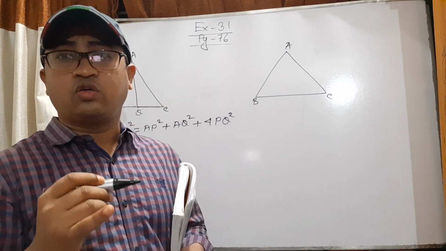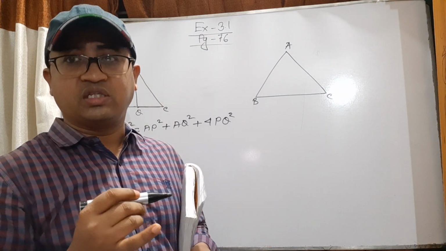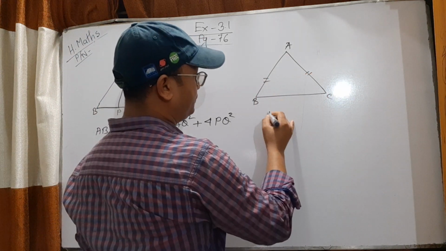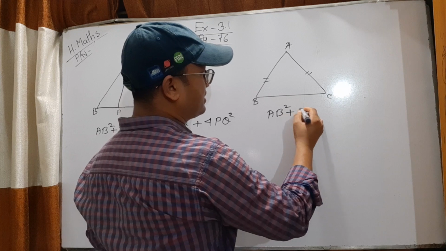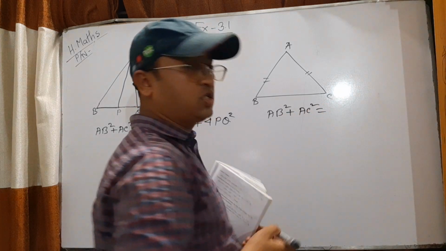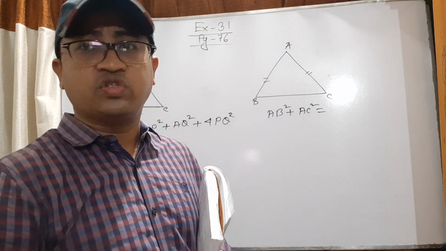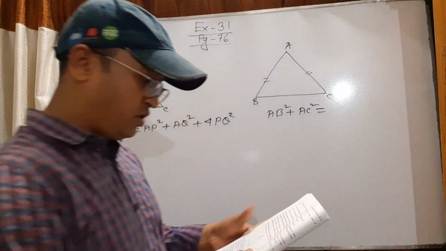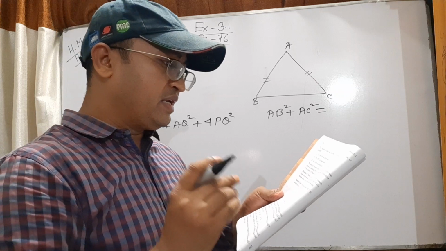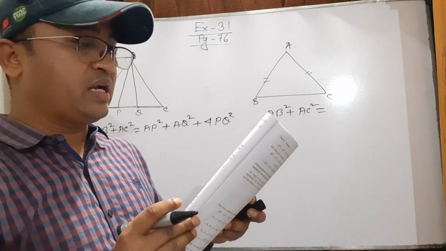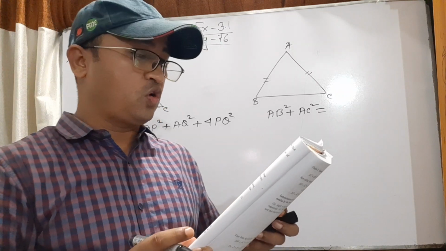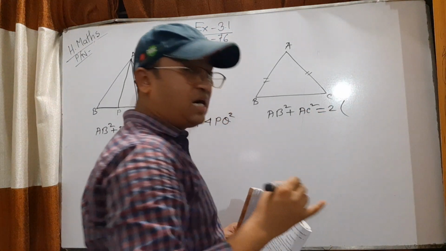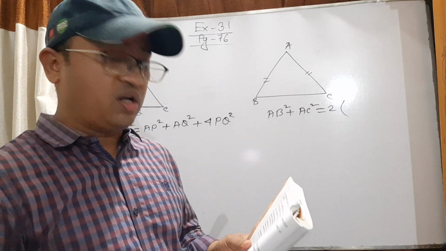The squares drawn on the other two sides without the base, that is AB and AC: AB square plus AC square, the sum of the squares drawn on any two sides, is equal to twice the sum of the areas of the squares drawn on the median.